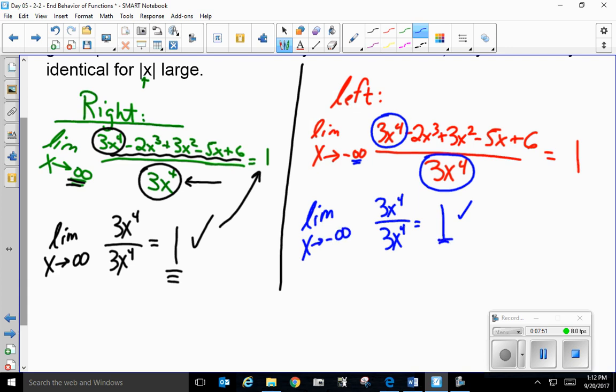There's no x anymore in here to put the negative infinity into. So it's 1. So now, g of x is a perfect model both to the left and right side of how our f of x function would behave or how it would look.